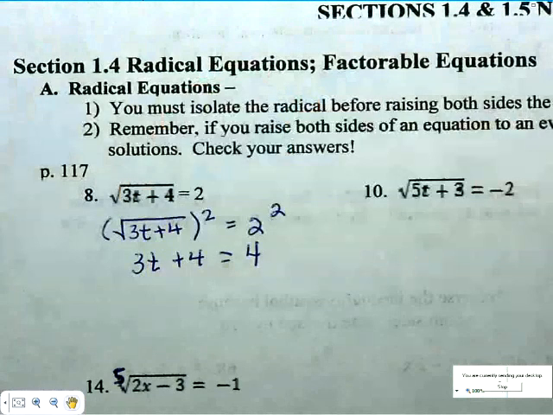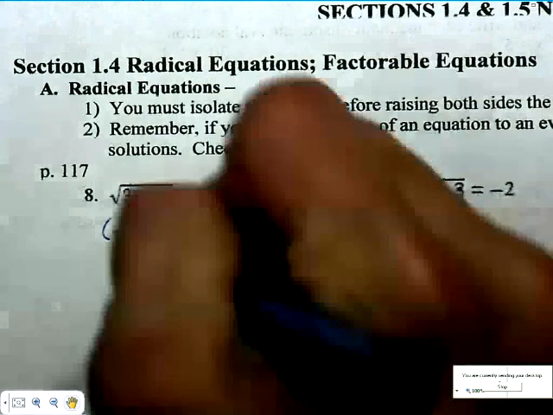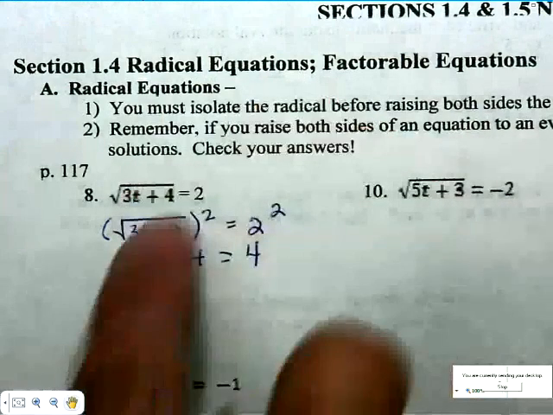Now, what kind of equation is that we're solving? It doesn't have an x squared in it, only has an x to the first or a t to the first. What does that mean? It is linear. It's a linear equation, a first degree equation. We don't have to get it set equal to 0. We just need our variables on one side, our constants on the other.